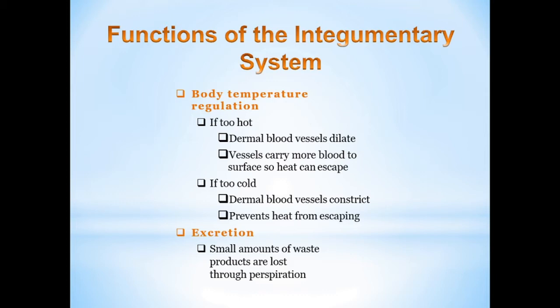If the temperature of body gets too hot, the dermal blood vessels get dilated and the dilated blood vessels carry more blood to the surface so heat can escape from the body. If too cold, then the dermal blood vessels constrict and this constriction prevents the heat from escaping from the body.